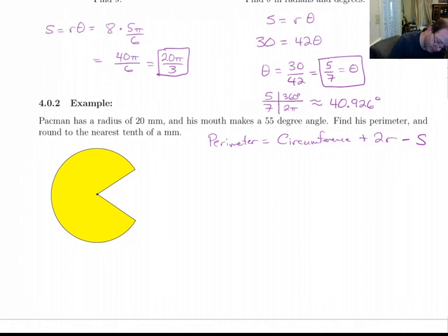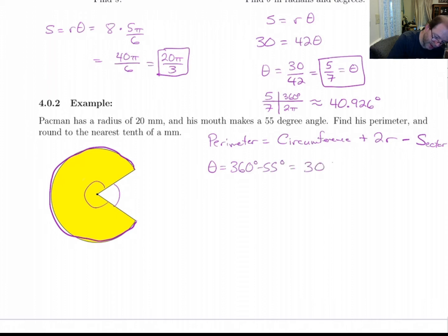Another way to do it would be, let's talk about this as our sector. So in this case, the theta that we're going to use is going to be not the little angle, but the big one. So that's going to be 360 minus 55. So that's going to be 305 degrees.